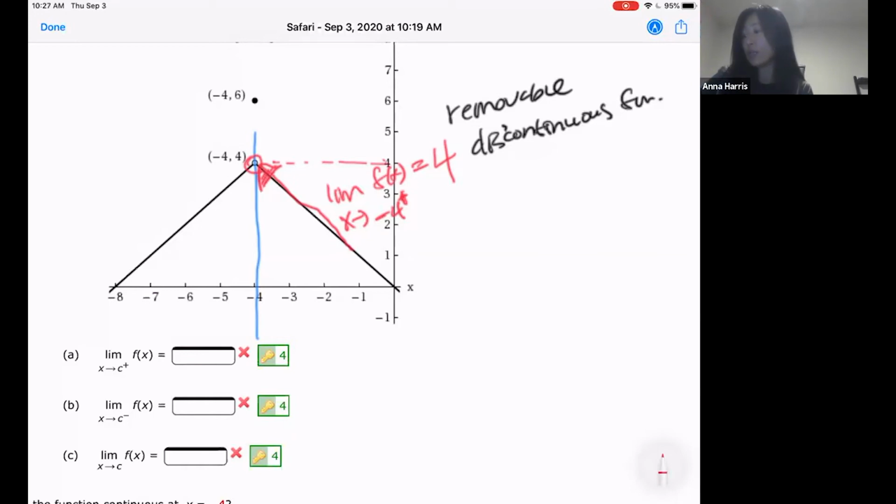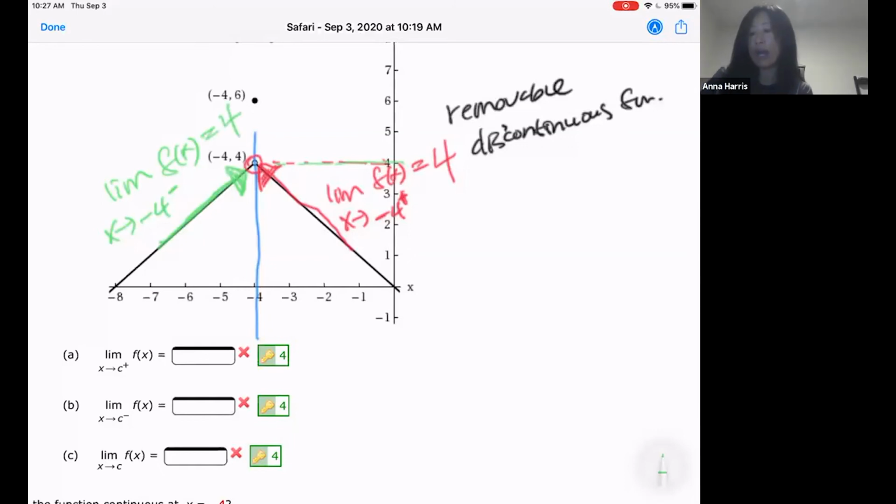All right, next one. Let's look at the other end, the left-hand side of the limit. So x approaches -4 from the negative side of this function. That's still 4.